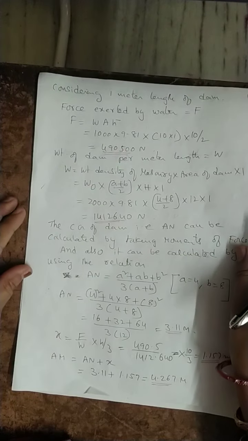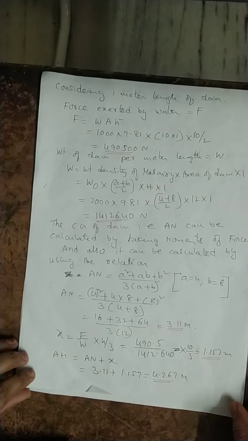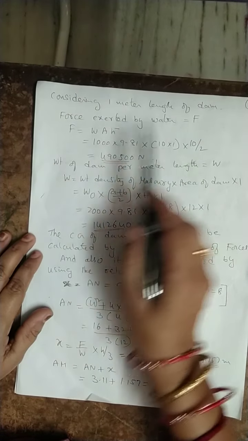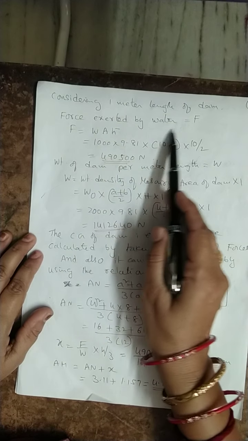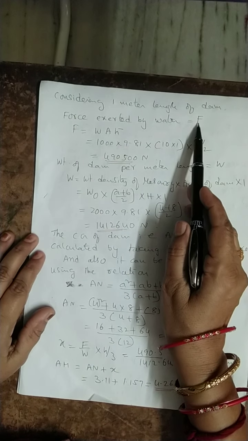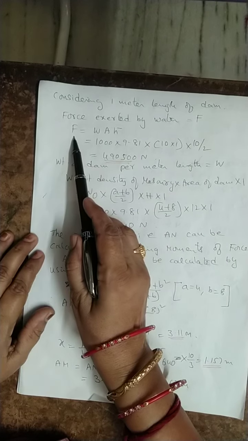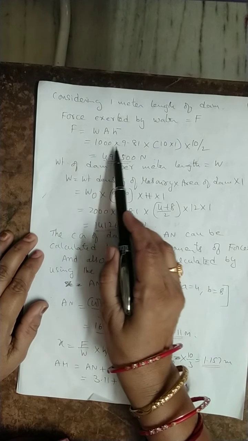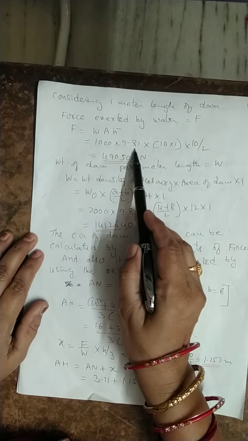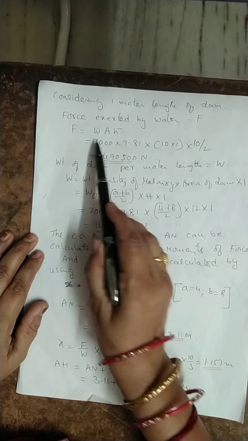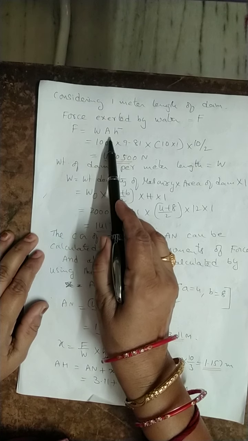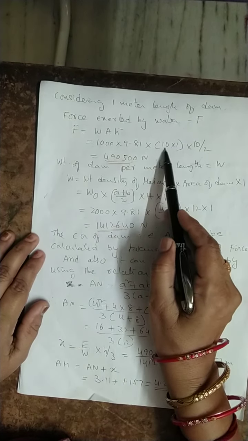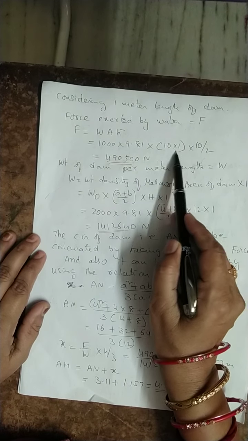So for the calculation of the stability of the dam, we consider 1 meter length of the dam. First we calculate the force exerted by the water, F, and also W. F we know from the relation W A H bar: 1000 into 9.81 is the W, and A is the area, 10 into 1. 10 is the height of water, and 1 is because we consider the dam for 1 meter length.